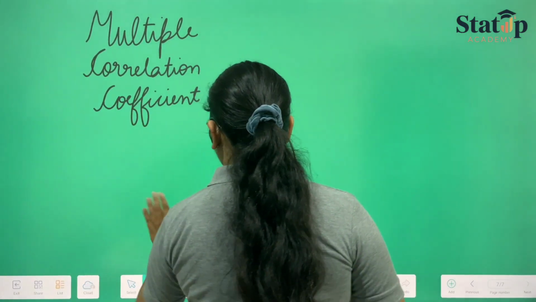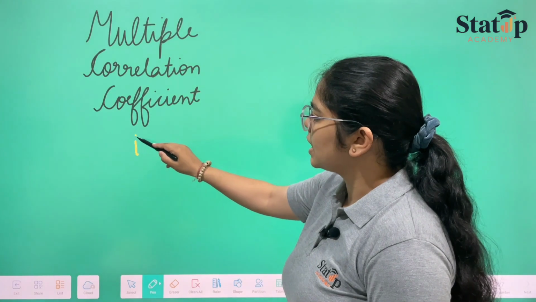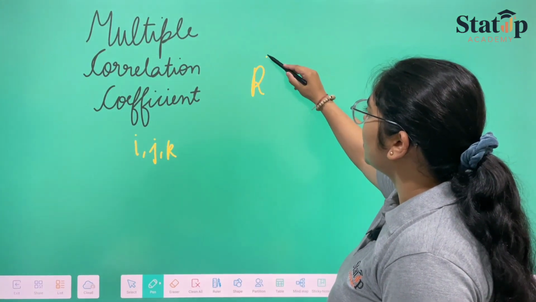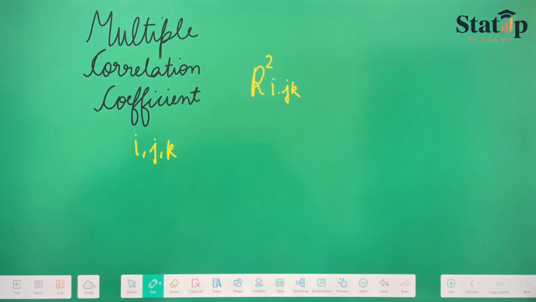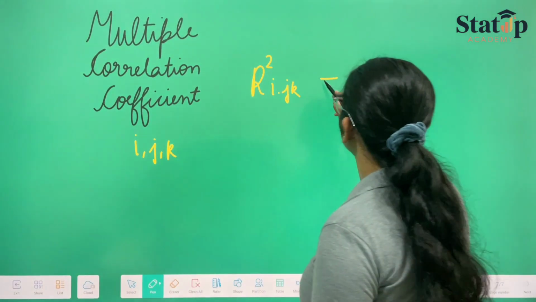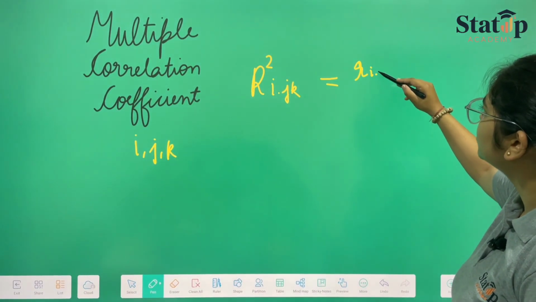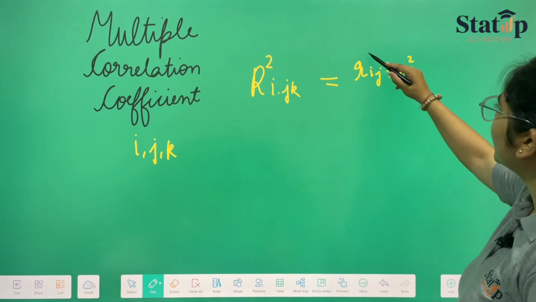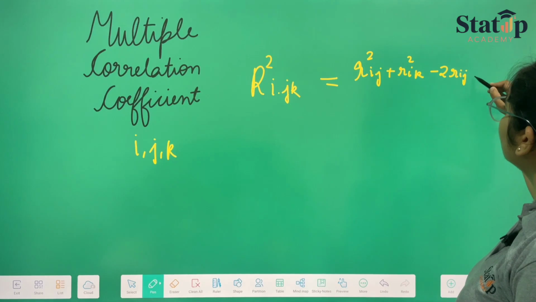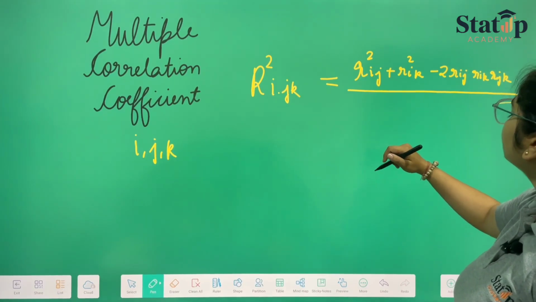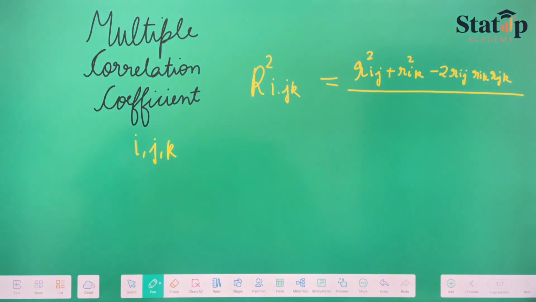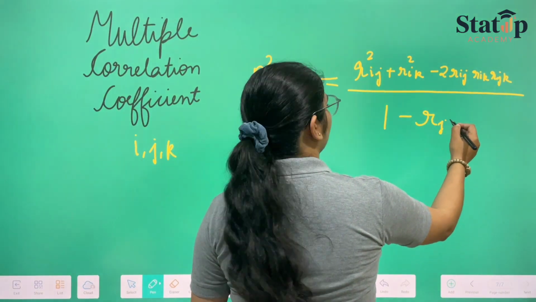If I talk about the multiple correlation coefficient between 3 variables i, j and k, it is represented by R square i dot jk, which is equal to r_ij square plus r_ik square minus 2 r_ij r_ik r_jk, upon 1 minus r_jk square.